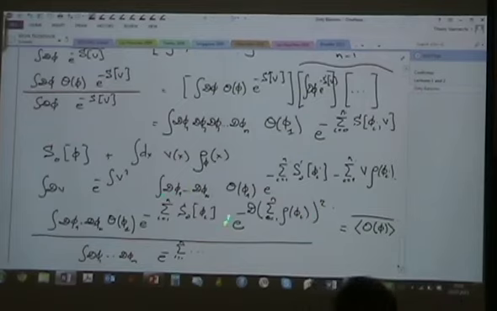Because I can take any order for the replicas I want, I can replace this phi1 by any other, and you implicitly assume, when you take the limit n to 0, you have to make an assumption on how this symmetry is carried out. The simplest assumption, which was the one made by the people who initially invented this method, is that the symmetry is unbroken, because there is no reason to break it. And then, as I said, in several cases it works, but in several cases it gives a completely wrong result, and what happens is that you have to break the permutation symmetry of the replicas, and the beauty of it is that you can break it in a way which is consistent with taking the limit n goes to 0.